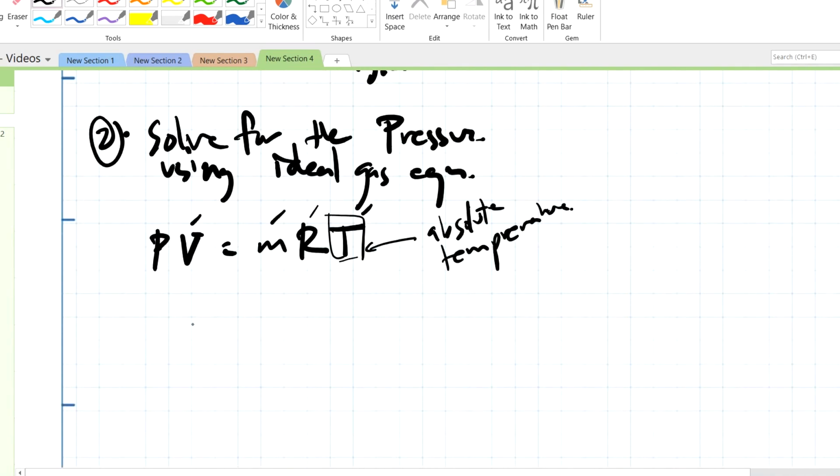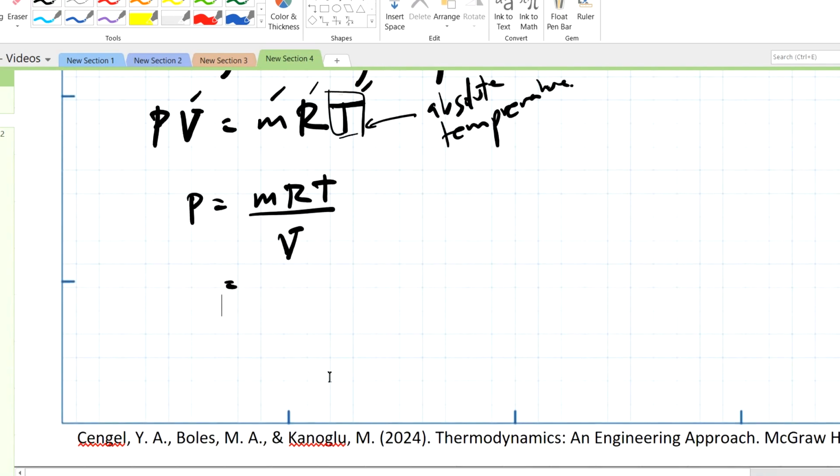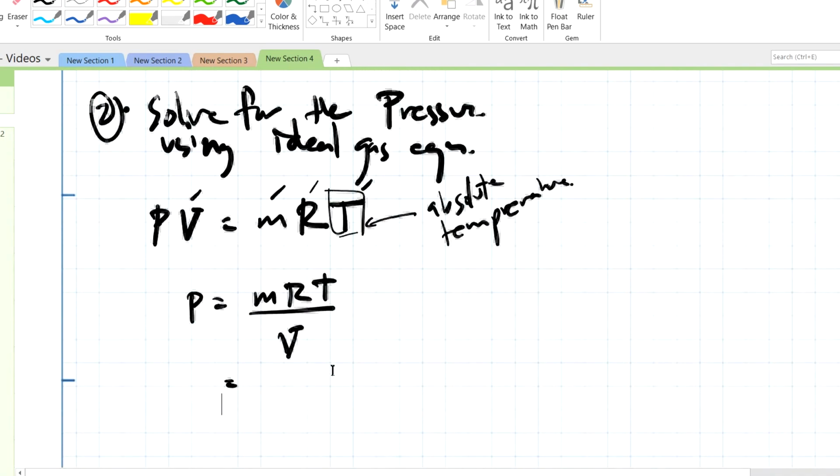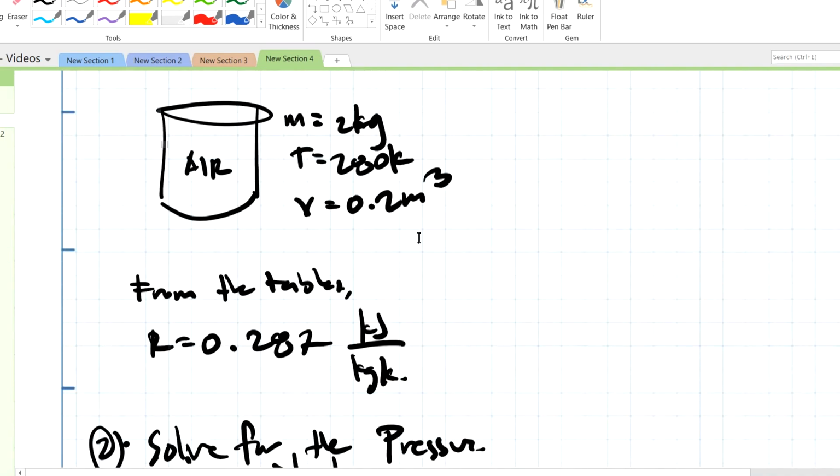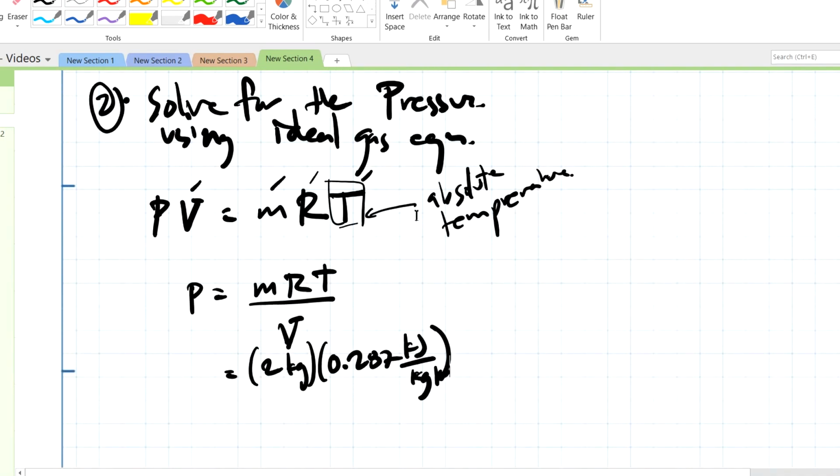So pressure is equal to mass times RT over V. Substituting the values, we have 2 kg, 0.287 kilojoules per kilogram K, and the temperature of 280 K, divided by the total volume of 0.2 cubic meter.